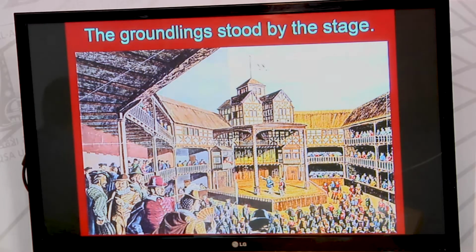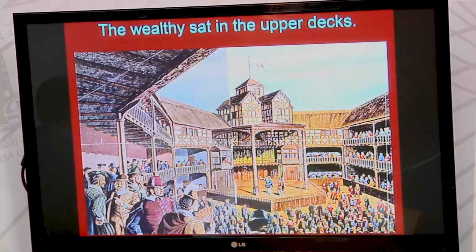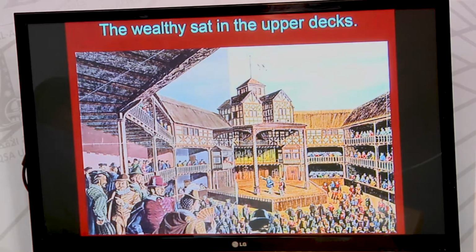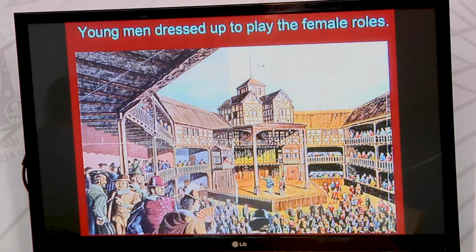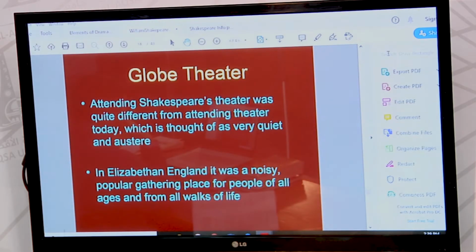These paid less money than the wealthy people who sat in the upper decks. I will go now to talk about the tragedy, comedy, and history plays.